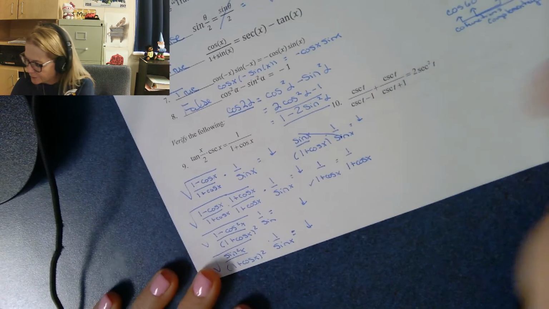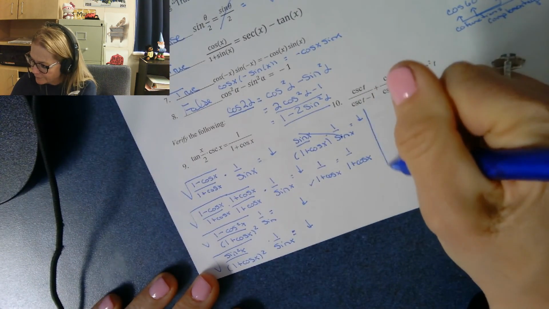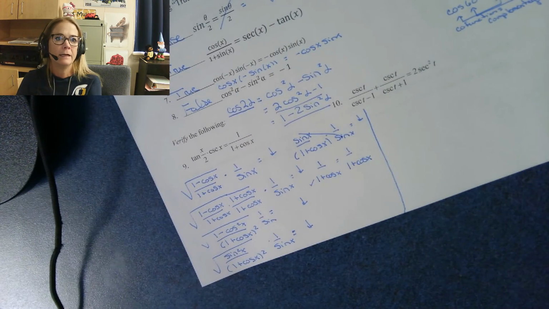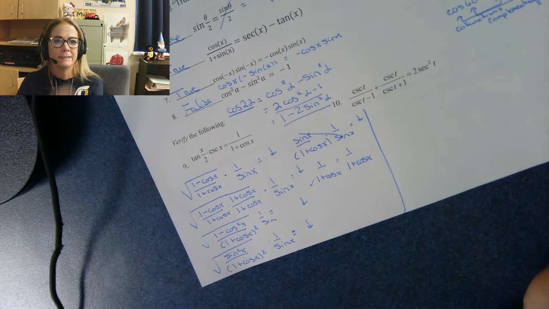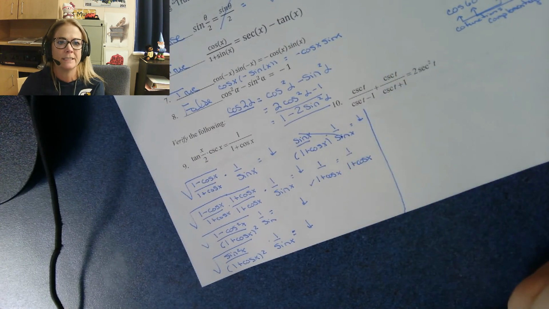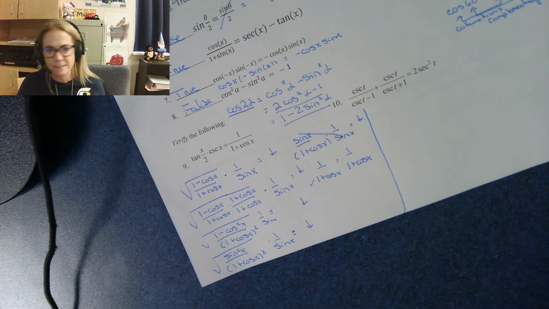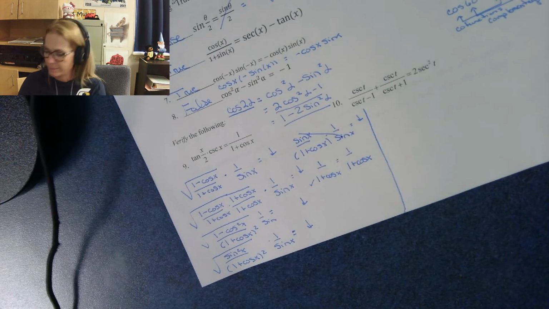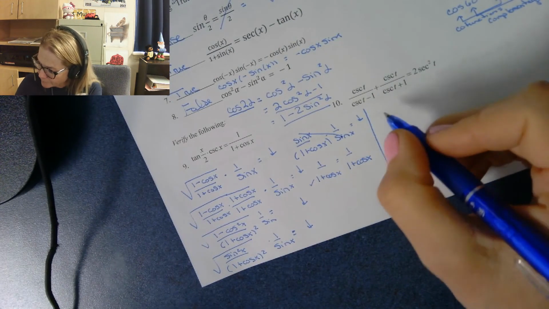Okay, and then the next one, I would just think to myself, let's do the math here. We could change things to sine and cosine, but sometimes that's a first step, sometimes that's a last step, but let's just do the math here.